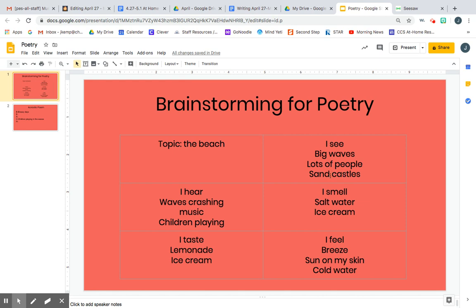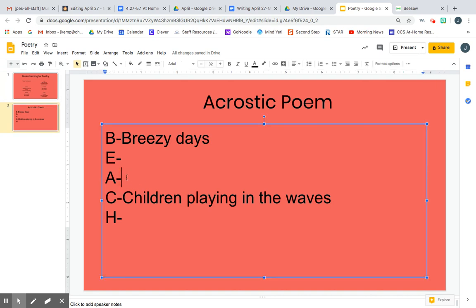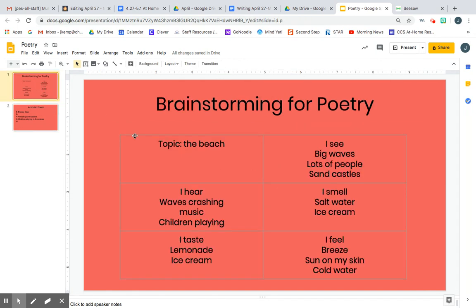I see that I wrote about sandcastles, and I really want to put sandcastles in here. So maybe I can put amazing sandcastles, and that can be my A. Let's see, what else do I have in here?